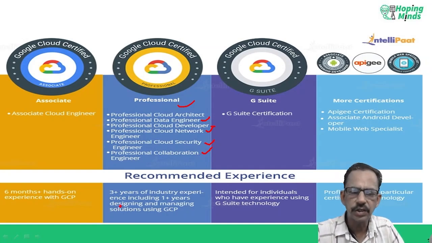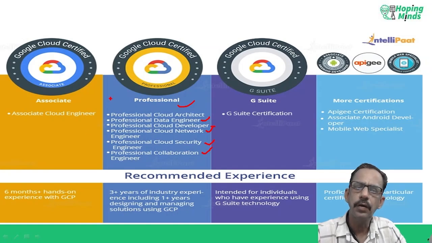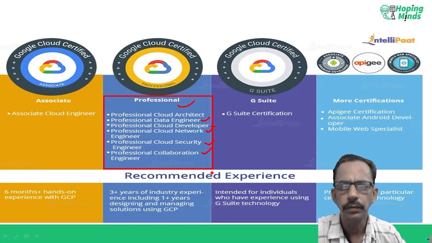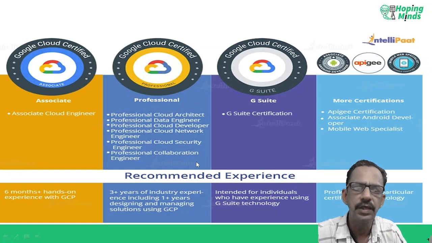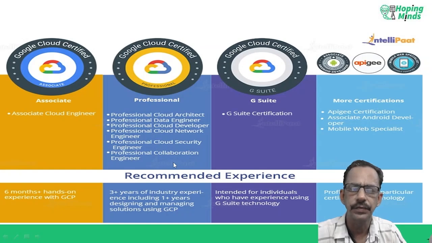The recommendation is industry experience, including 1+ year of designing and managing solutions using Google Cloud Platform. So here you depend totally at professional level on which specialty you want to go. So this is the complete road path we discussed about AWS, Azure and GCP.